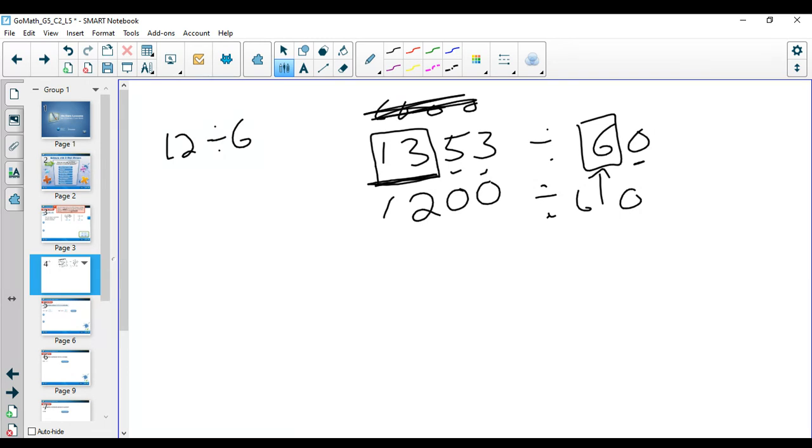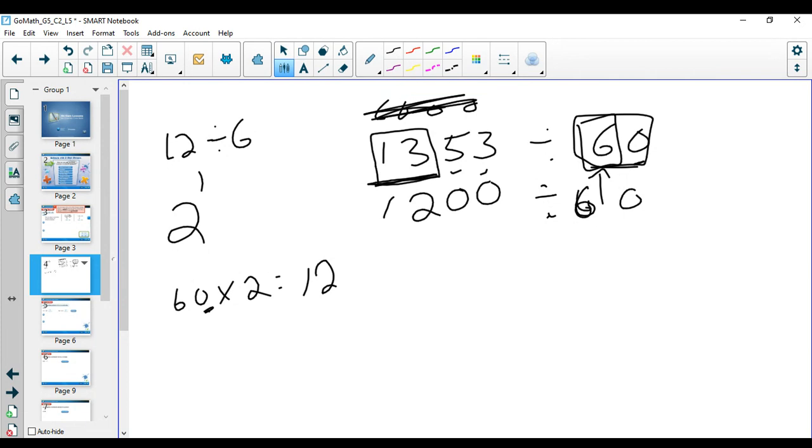Now 12 divided by 6 is 2, right? That's very simple. But we have to figure out, we know that 60 times 2 isn't going to quite be big enough. In fact, if we said 60 times 2, because remember our divisor over here is in fact 60, so 60 times 2 is, well, 2 times 6 is 12.